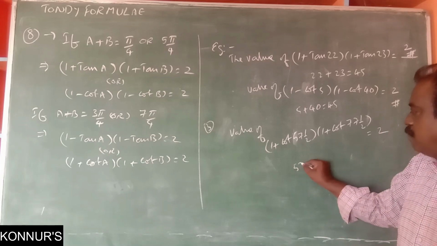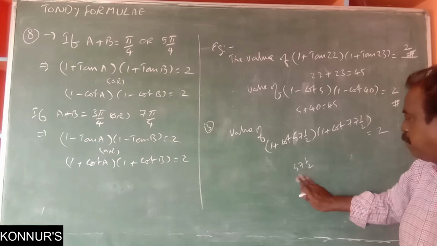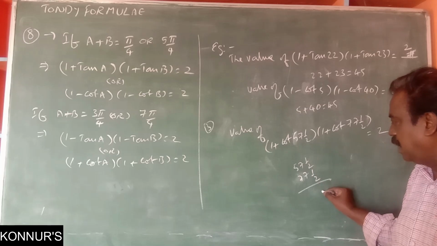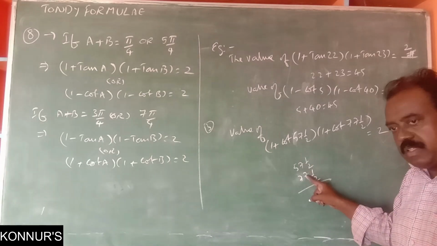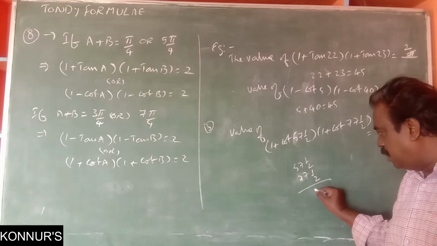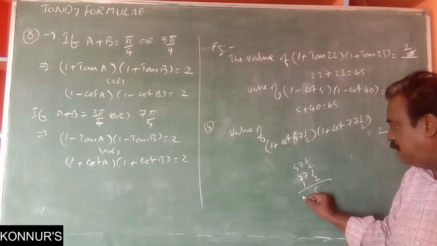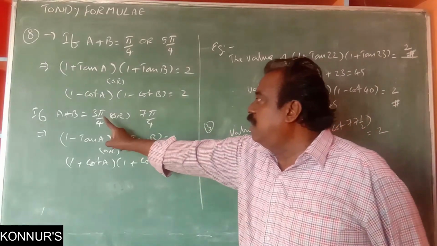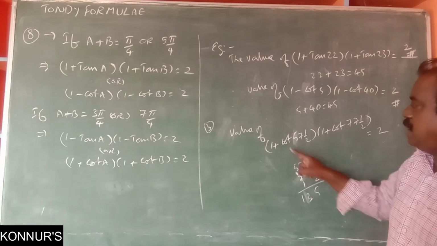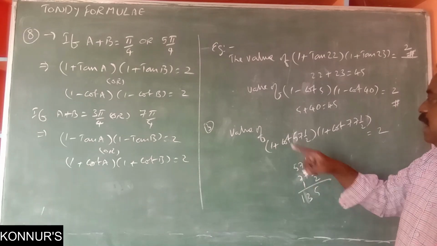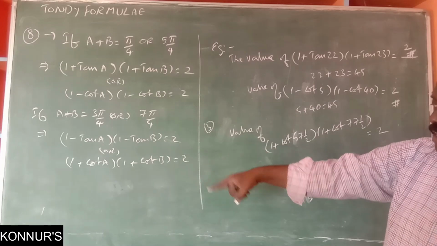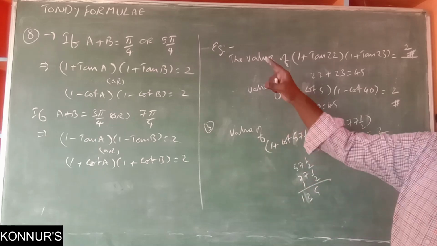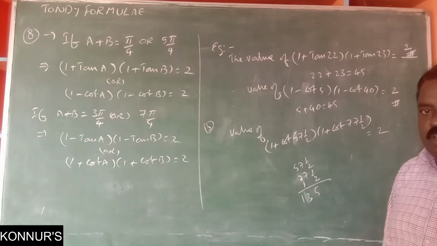Because 57.5 plus 77.5 degrees, how much? It is 135 degrees. This is the condition. Then it is 1 plus cot, 1 plus cot. Like this. Use this formula.